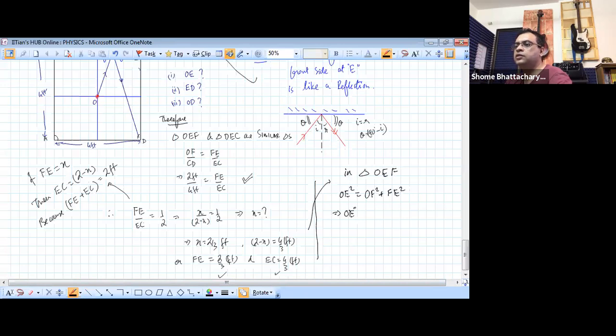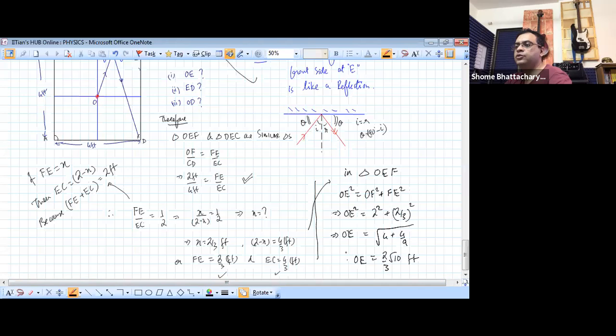So OE square has to be equal to 2 square plus 2 by 3 whole square. So OE has to be equal to square root of 4 plus 4 by 9. So that will be 2 by 3 root 10. So that is the answer to the first part.